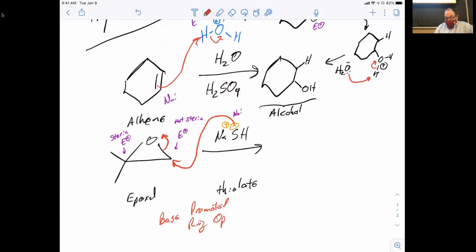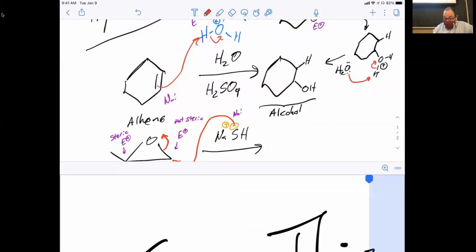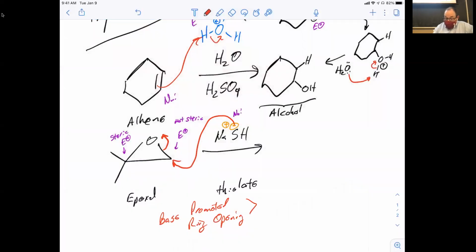ring opening, right? And base promoted ring openings favor which side? They favor the least sterically hindered.